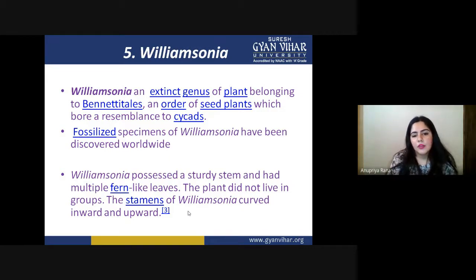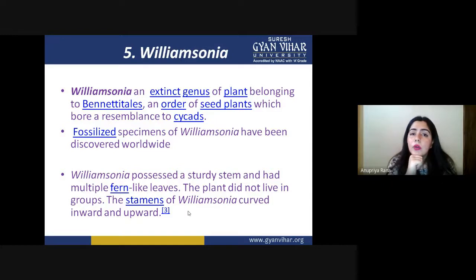The stamen of Williamsonia curved inward and upward. Stamens can be curved. In curving, the curve can be towards the inner side or towards the outer side.